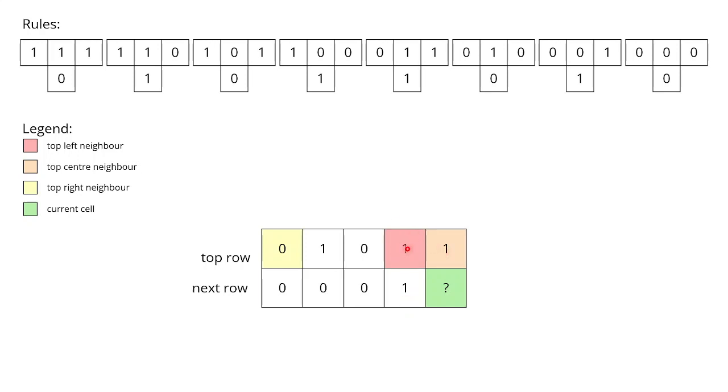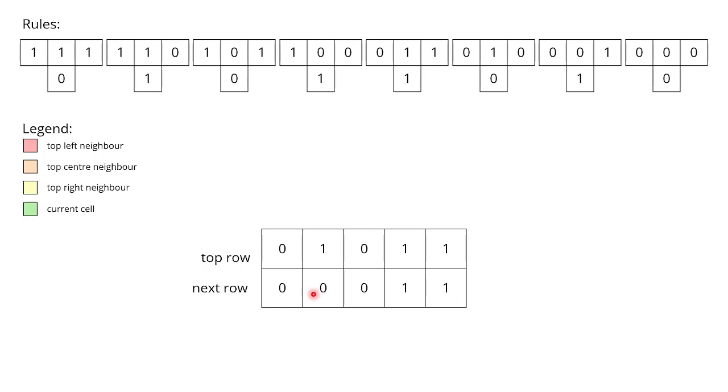Top left nga neighbor is 1. Top center nga neighbor kay 1. Top right nga neighbor kay 0. So 1, 1, 0. Pangitaon na nato ang 1, 1, 0 sa rules sa taas. Okay, there it is. 1, 1, 0. Ang bottom sa 1, 1, 0 is 1. Therefore, we change question mark to 1.